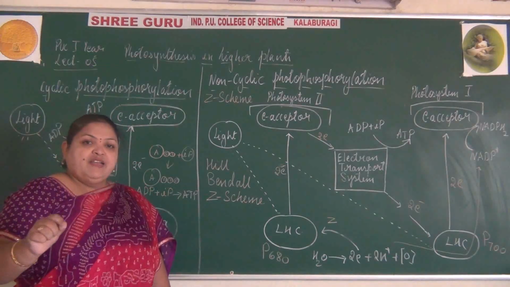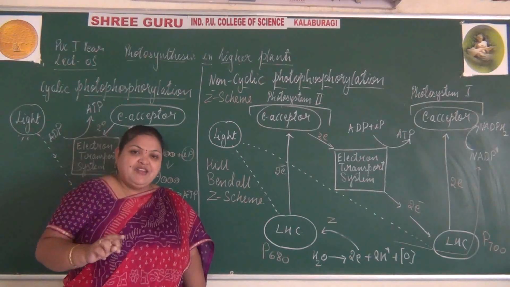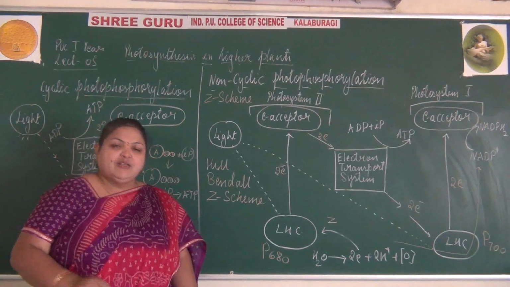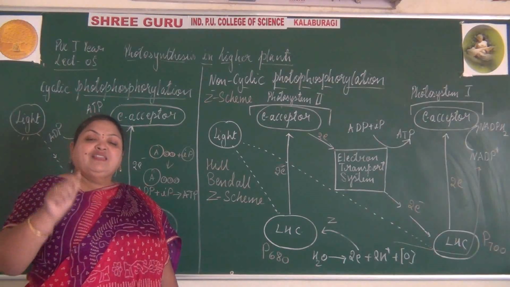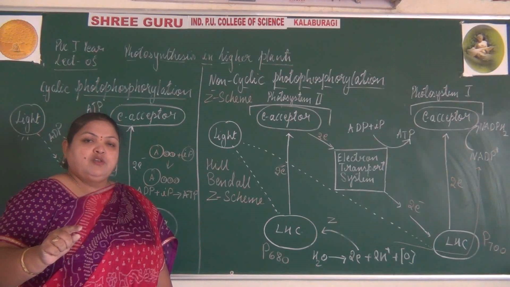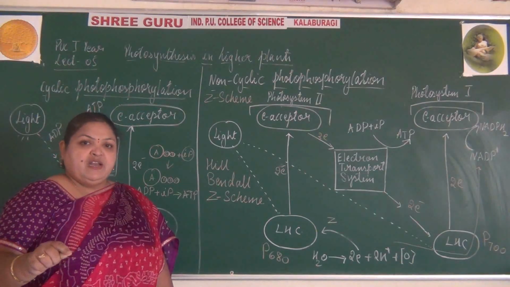I said already, there are two reactions in photosynthesis. One is the light reaction and the other is the dark reaction. In the light reactions, there is photoexcitation of chlorophyll molecules, photolysis of water and photophosphorylation.